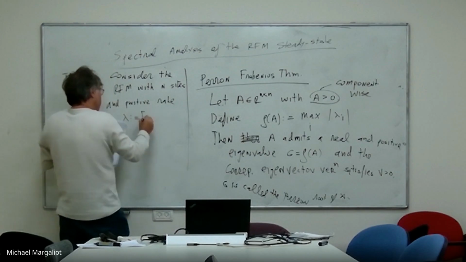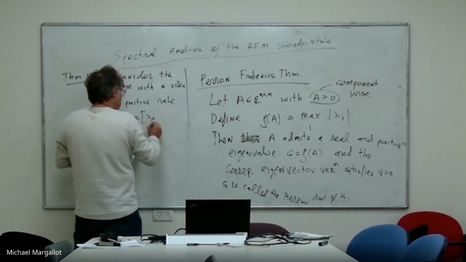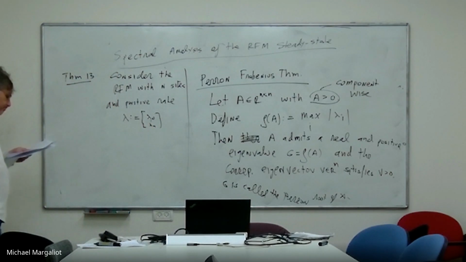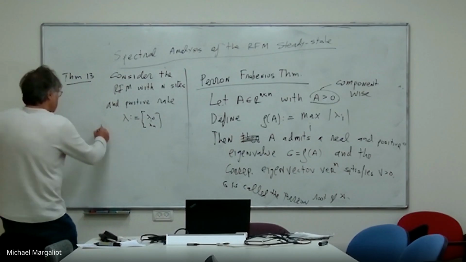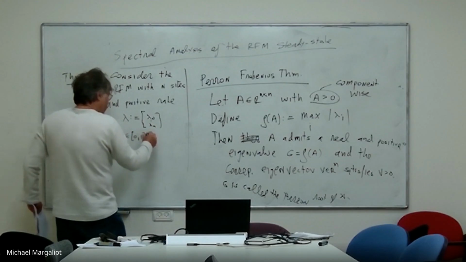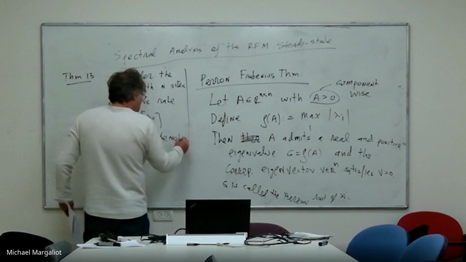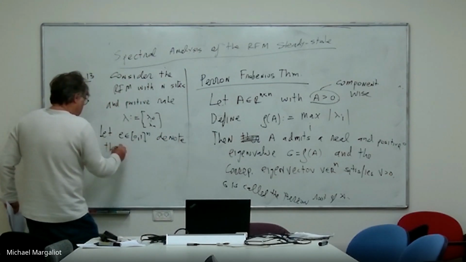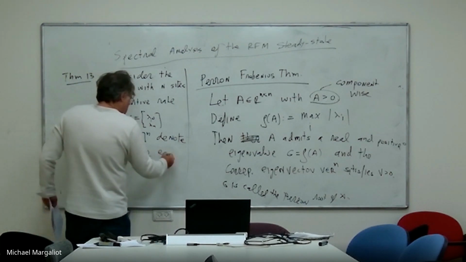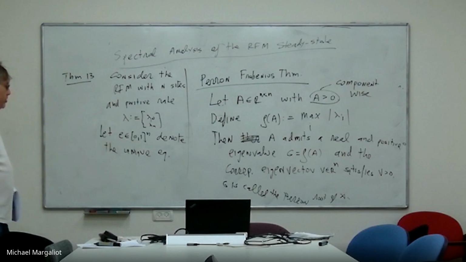Lambda, this is the vector of all rates, lambda 0 up to lambda n, and all of them positive. Let e denote the unique equilibrium point. We already saw the equations defining this e, but the equations we had are not so enlightening.